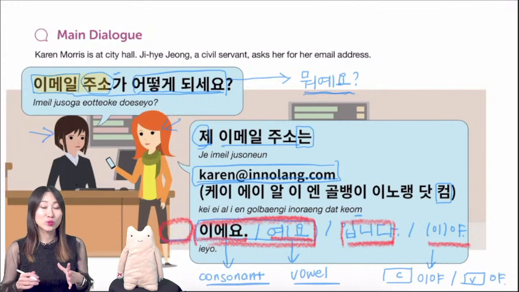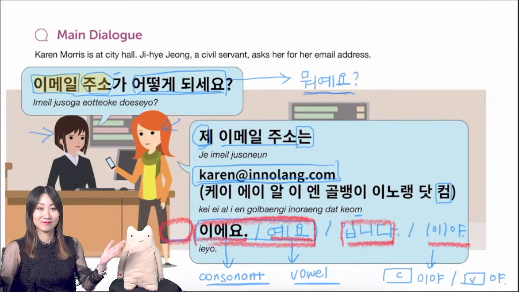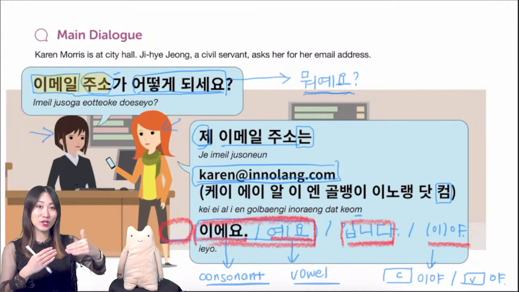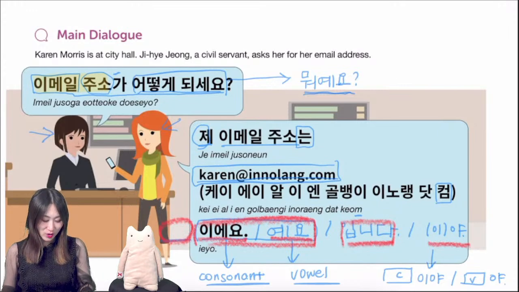All good. So in this situation, they are just having a conversation. What is your email address? My email address is blah blah blah. So this seems very long, but actually it's a very simple conversation.